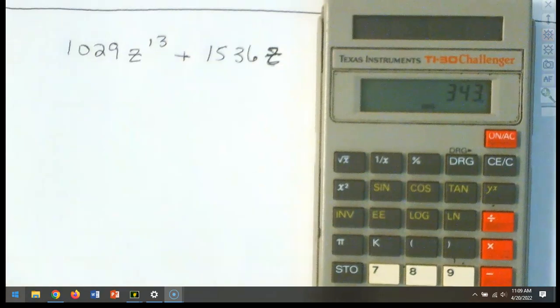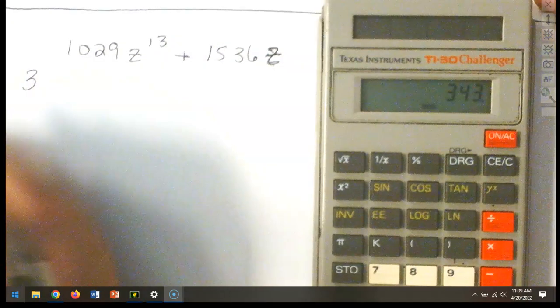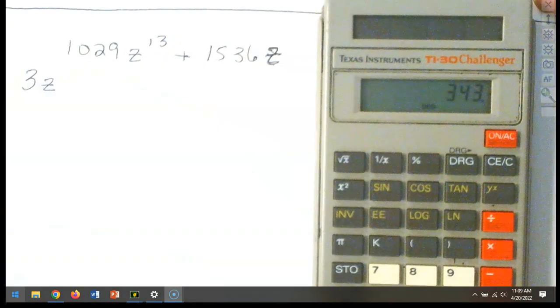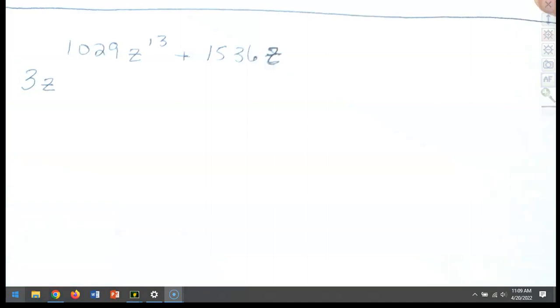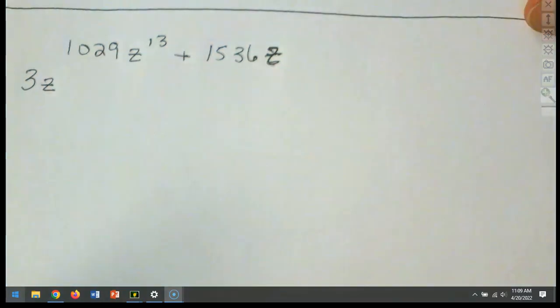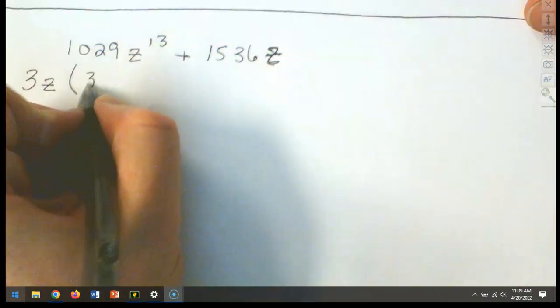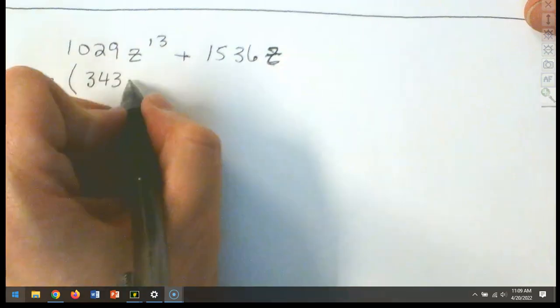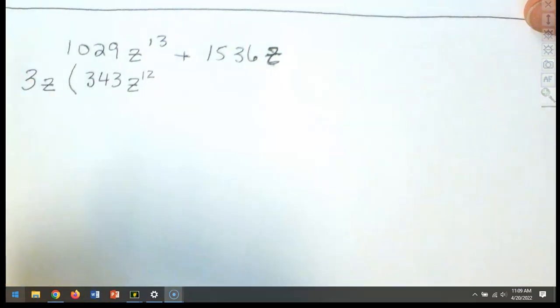And we're in luck because 343 is a perfect cube. So we know we're on the right track. So I'm going to take out a 3 and a z. And when I take out this 3 and this z, that leaves me with 343 z to the 12th.